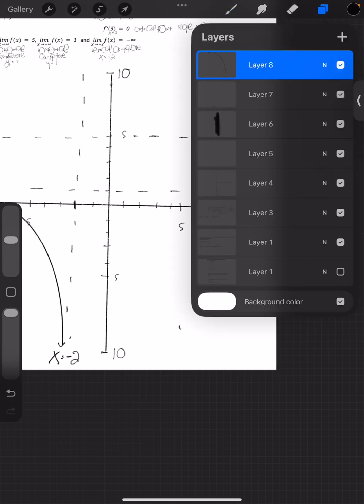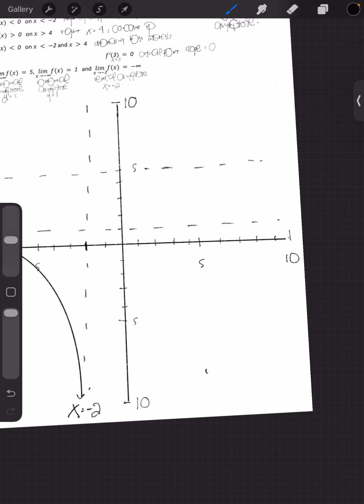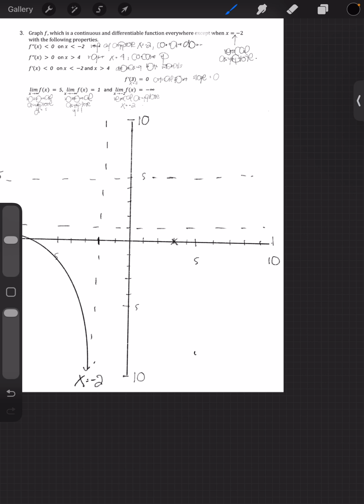And then we will have another line. We can label our critical point here. So if our critical point is here, I'm just going to draw an X here so that we know that that is where our slope will be equal to 0, which basically just means that it will look like this.